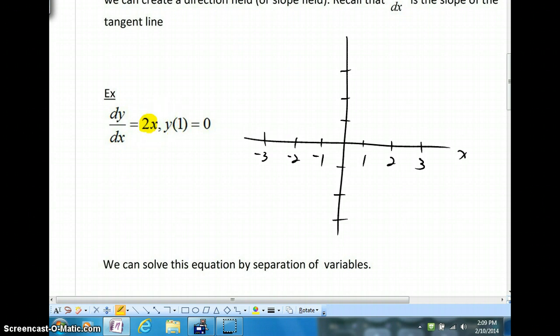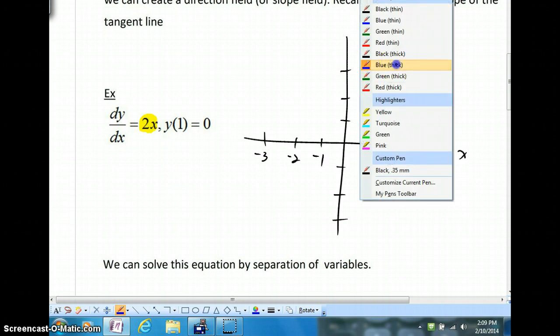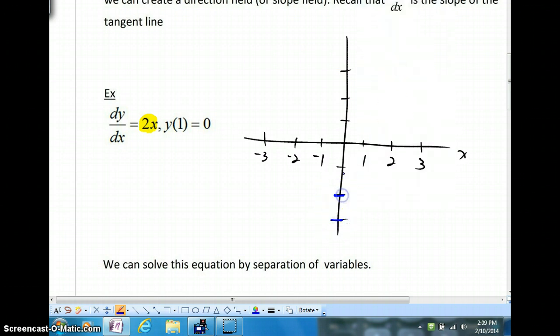Here we could say whatever x-coordinate we have, multiply it by 2. So look at the y-axis here. Every x-coordinate here would be 0. So my goodness, double 0 and you still get 0. Look at that. I've used a different color. How about at 1? What would our tangent line slopes look like there? When x is equal to 1, dy/dx is going to be a positive 2.